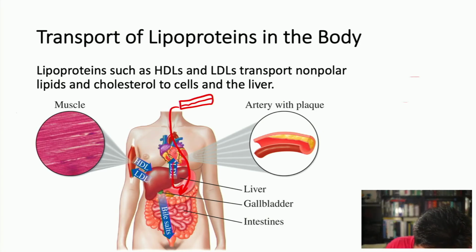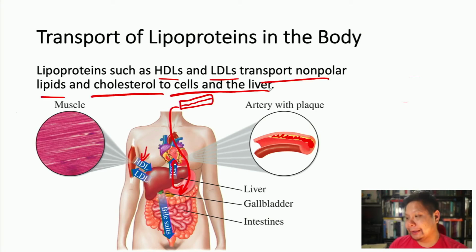And they go straight to your heart and start clogging up your coronary arteries. Right? Bad idea. Bad idea. Get some more HDLs in there, right? Get some more HDLs in there. But generally, lipoproteins such as HDLs and LDLs transport nonpolar lipids and cholesterol to cells in the liver for either energy storage, right, or fat storage, or usage, right?